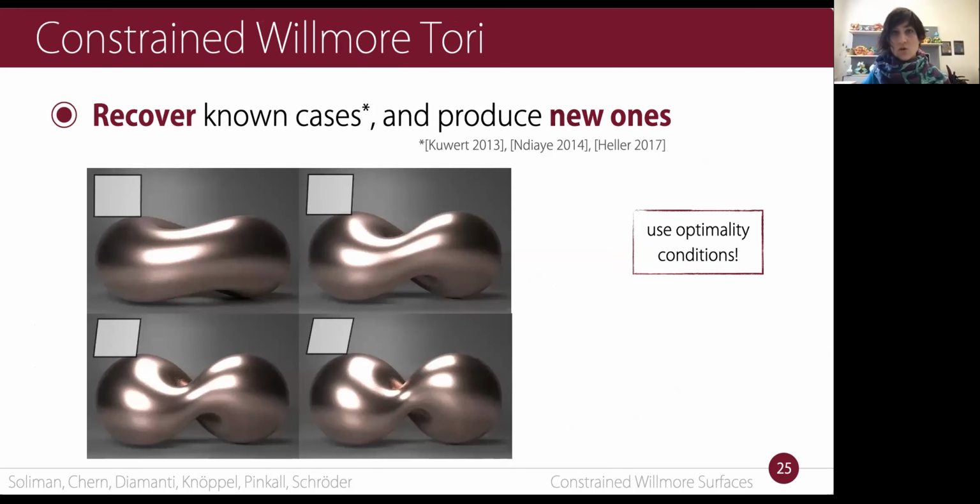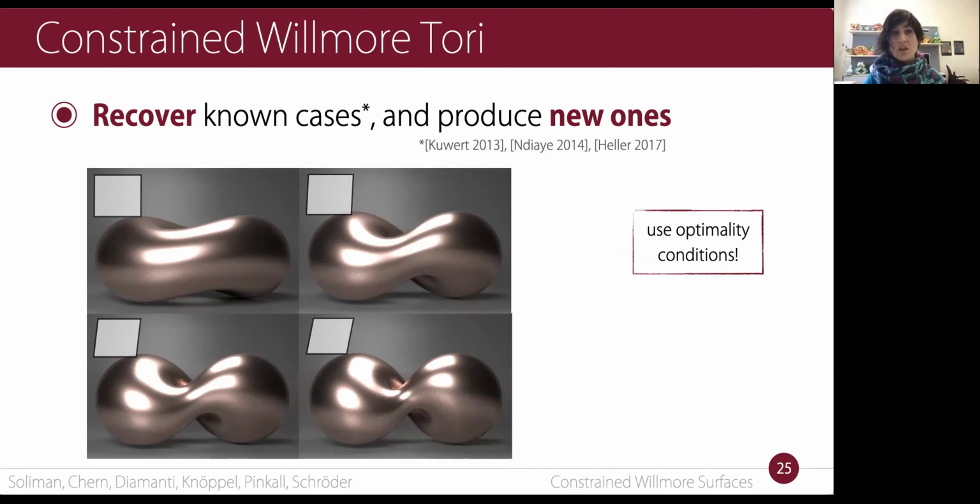Using this whole triangle field and algorithm, we can actually recover the special cases of constrained Willmore tori that were known before, near the Clifford torus. But we can also visualize constrained Willmore tori of any general conformal type, which was not previously possible. And so for mathematical visualization, this might be useful, since you can see abstract conformal types as surfaces.